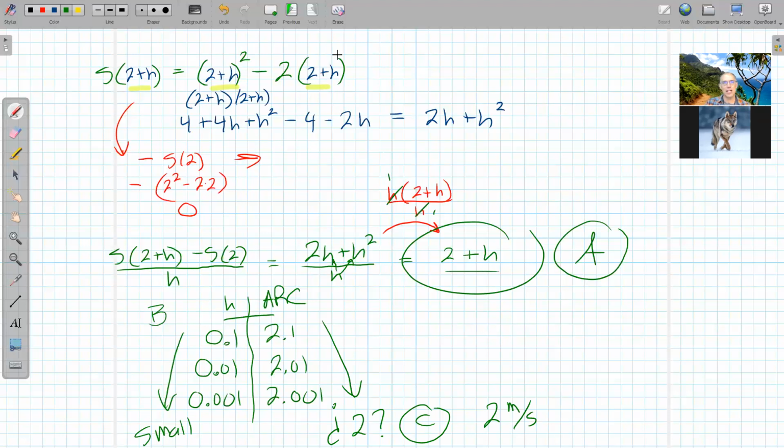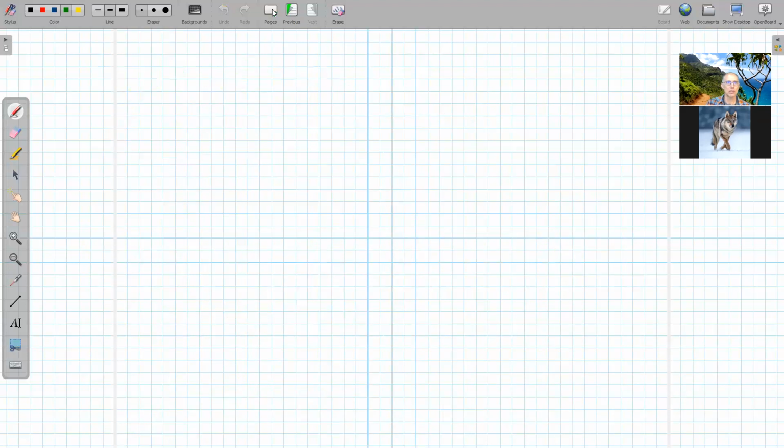So the instantaneous rate of change, remember, so let's just redefine a couple of things. Average rate of change versus instantaneous. And there's a few versions of the formula, but it's all based on the slope formula, right? Y2 minus Y1 over X2 minus X1.